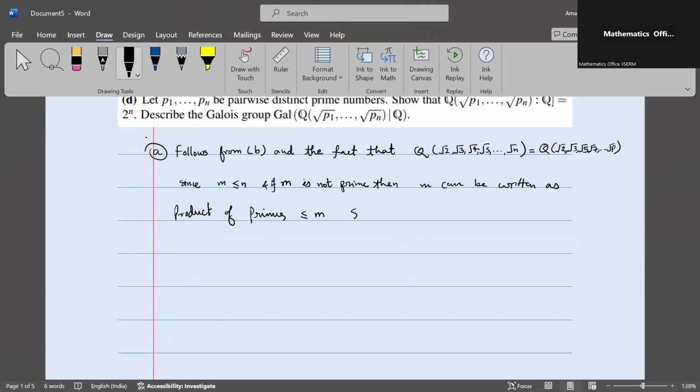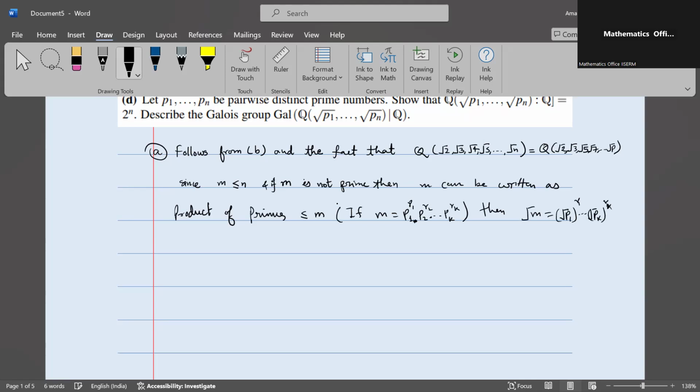So root m can be written in terms of, let's say m is p1^r1 and so on pk^rk, then root m can be replaced by root p1 power r1 and so on root pk power rk.